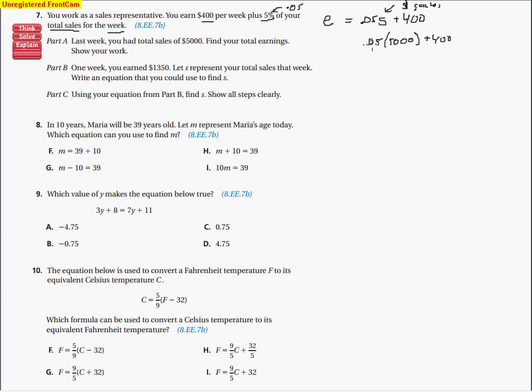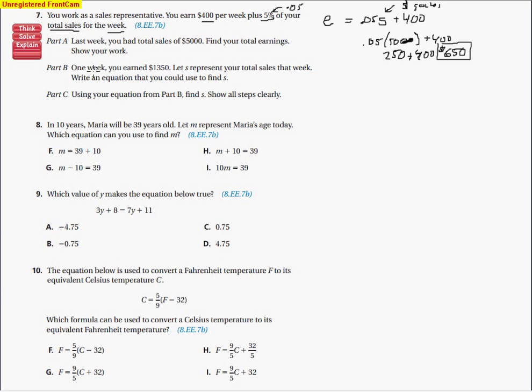So when I do this, 5 times 5 makes 25. The decimal point will move over 2 spaces, so it'll knock off these 2 zeros there, so I'll add the 0 there. So you made $250 from the commission, from the 5% from the sales, plus your $400 that you earned, so that makes $650 earned. And so that was the earnings for the week.